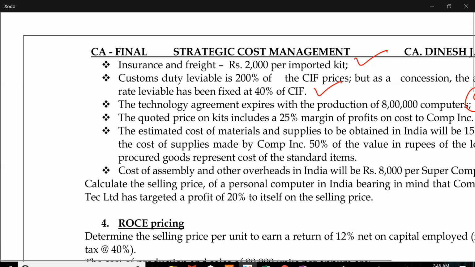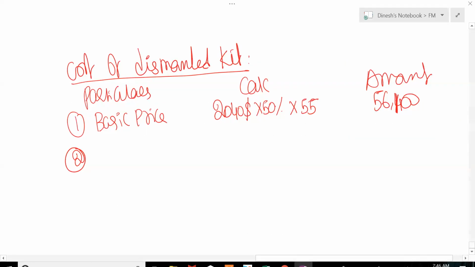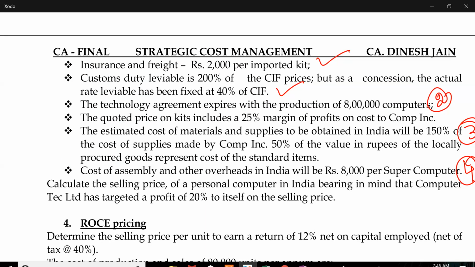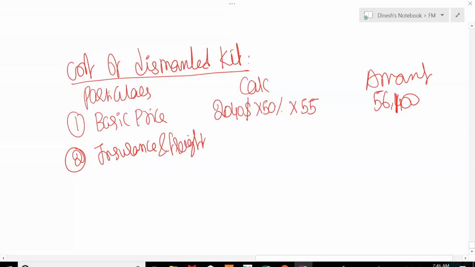Second, insurance and freight. If you add the basic price and insurance and freight, it is called CIF, cost, insurance and freight value.